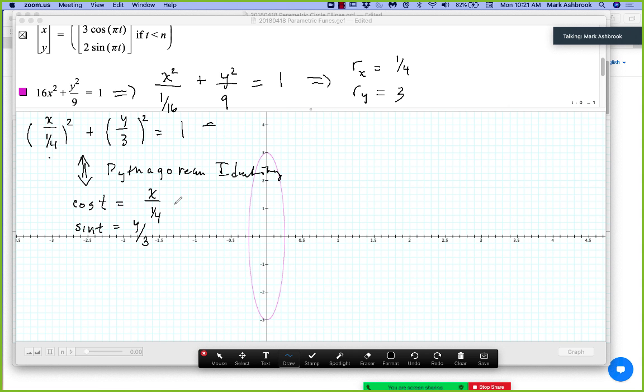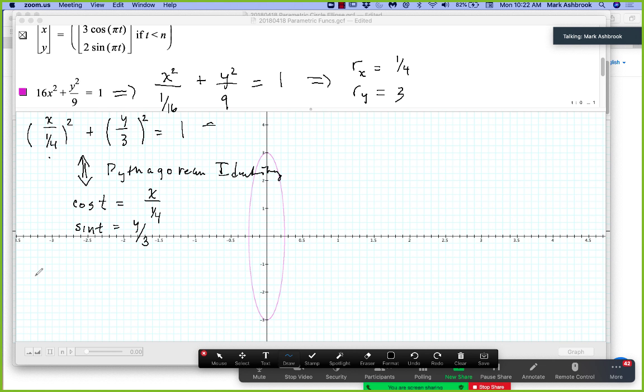So we know our parametric function: what is x in terms of t? What is y in terms of t? So here x would be 1/4 cosine t, and y would be 3 sine t.